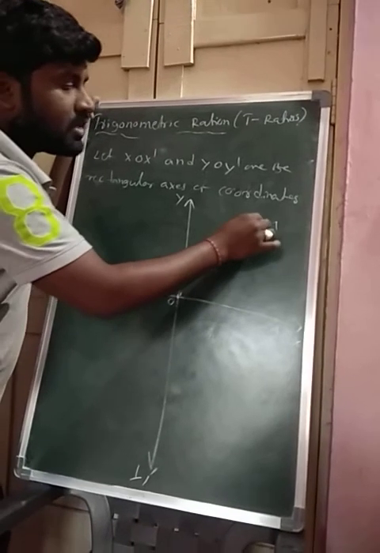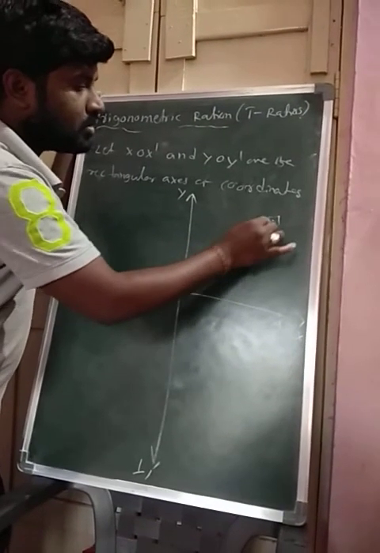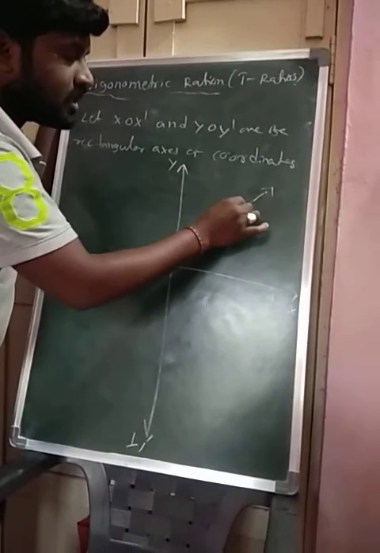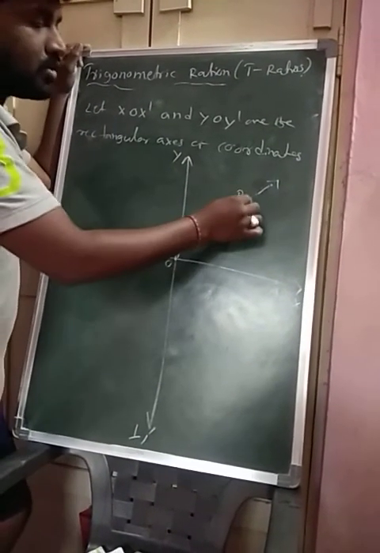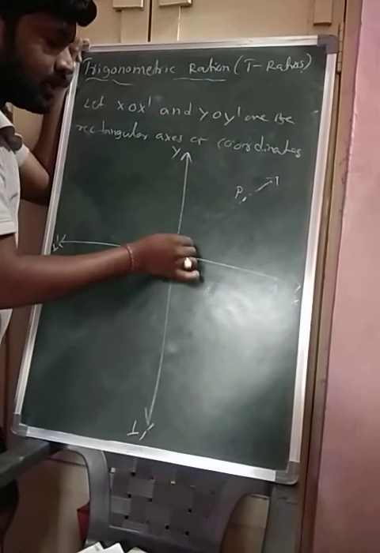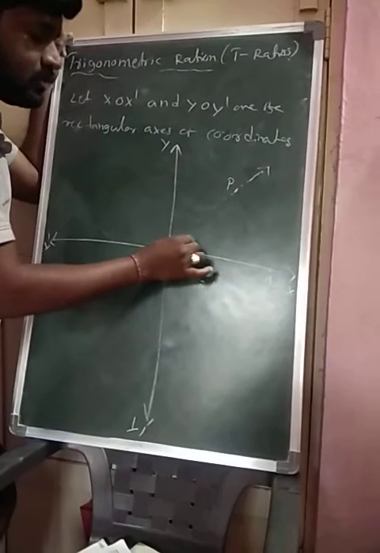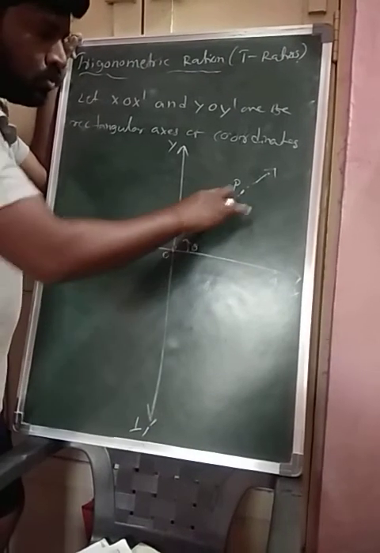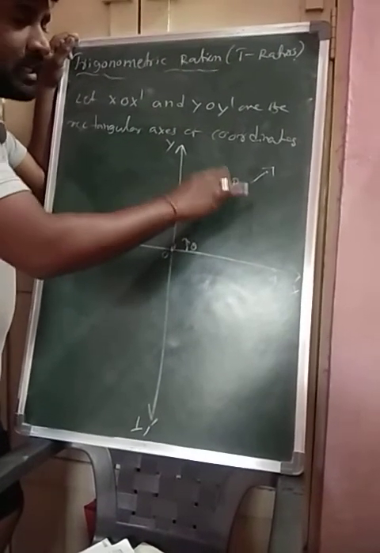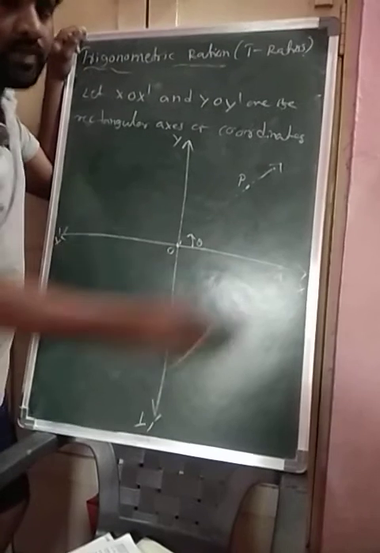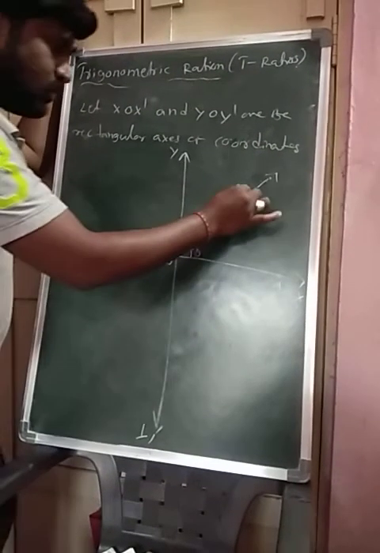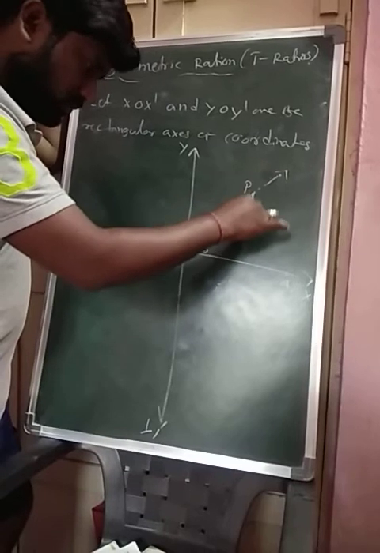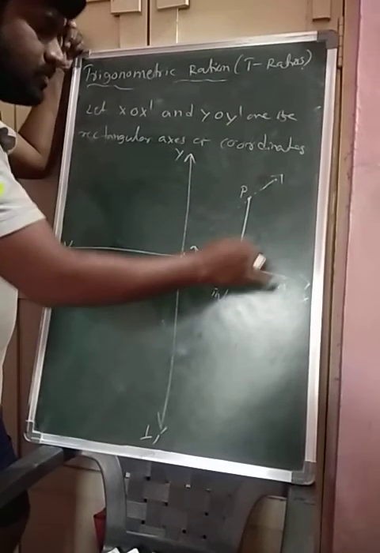And OP is what? OP is the terminal side, in the anti-clockwise direction. Yes, OA is the ray and OP is the terminal position of OA. Now from P I am drawing a perpendicular.